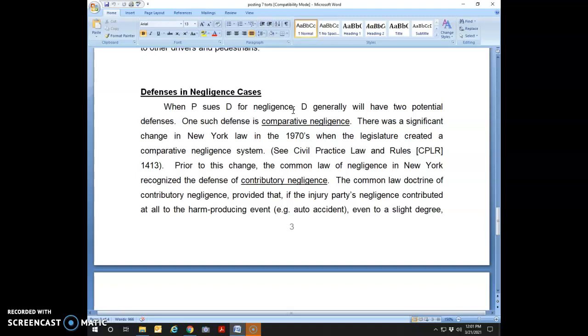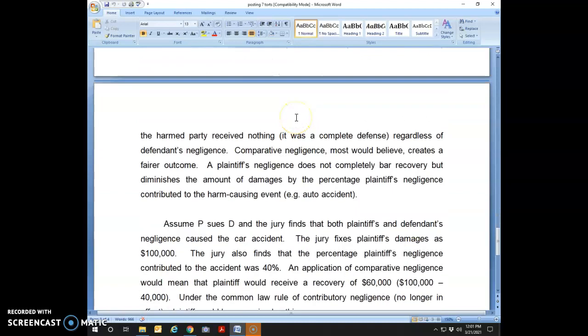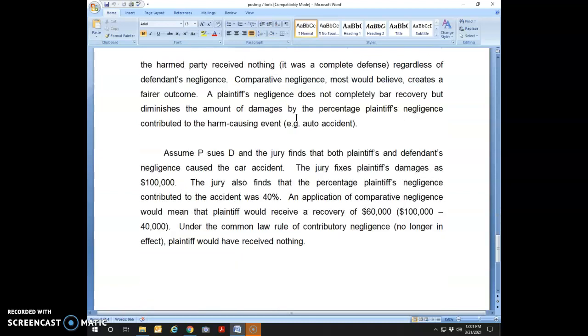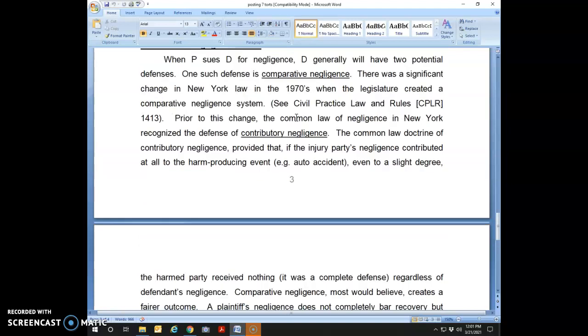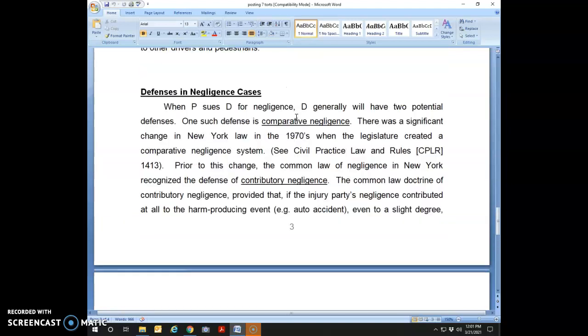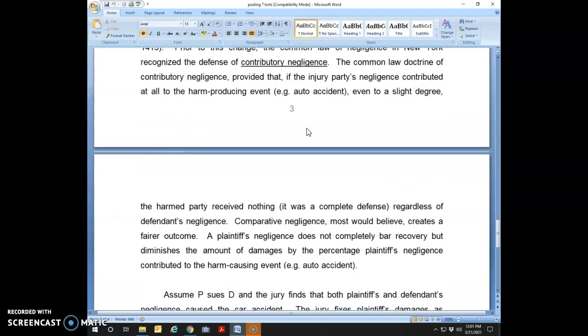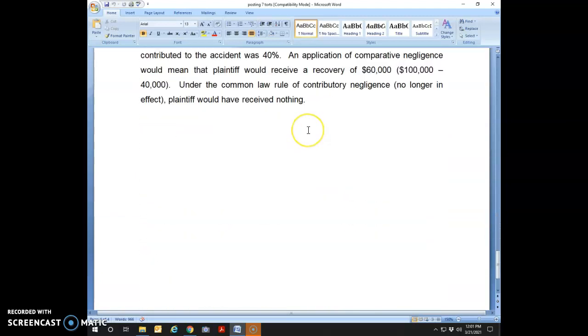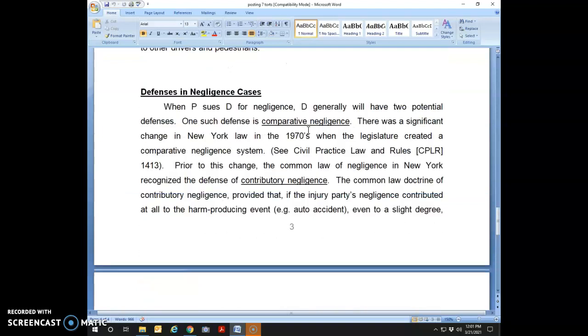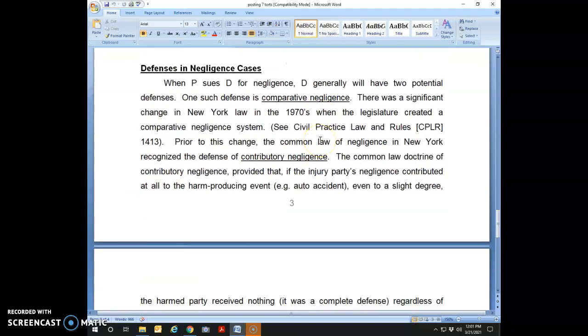I talked about two potential defenses, and that was one of them. I don't think I was explicit, and shame on me. But so one defense is D wasn't negligent.